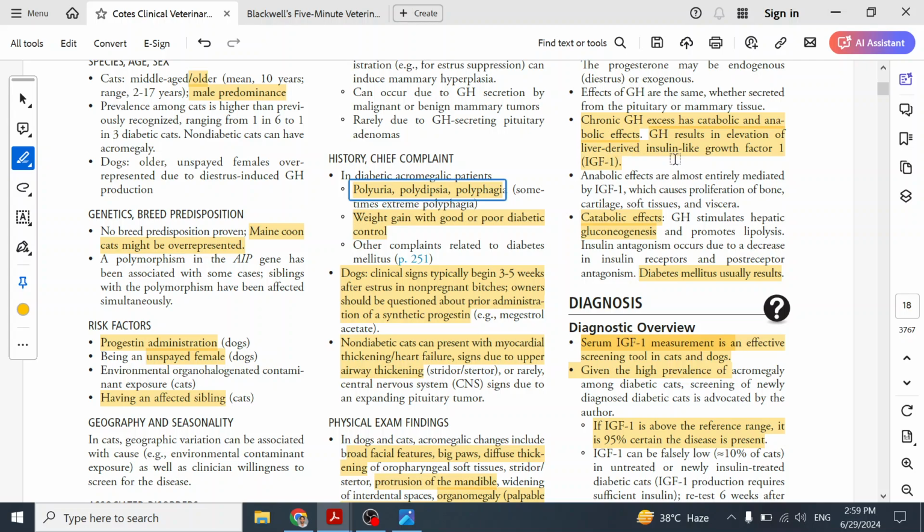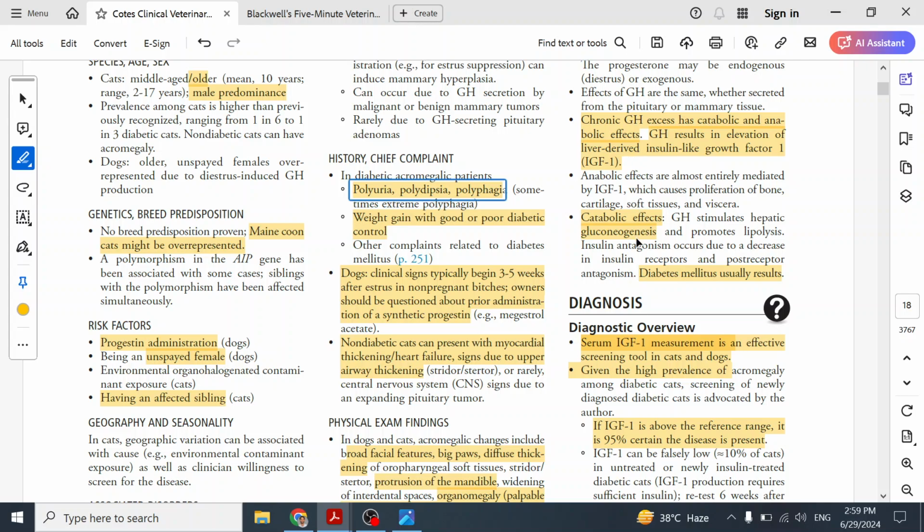Growth hormone results in the elevation of the liver insulin like growth factor, IGF-1. This growth factor you find in the diagnosis. In the serum level you find IGF, which diagnoses acromegaly.